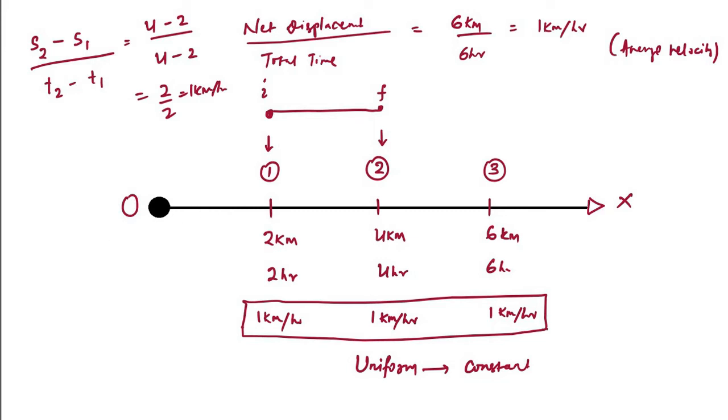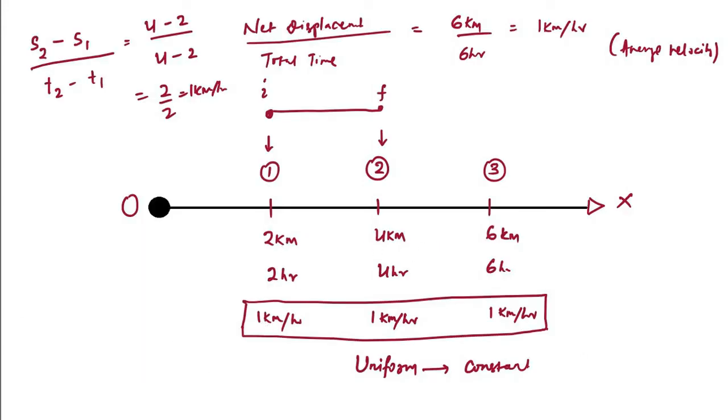So if we try to plot this, here it is 2, 4, 6. If we try to draw this, this is the time axis, let's say the x-axis, and this is the displacement s. So we have 2, 4, 6, 8.